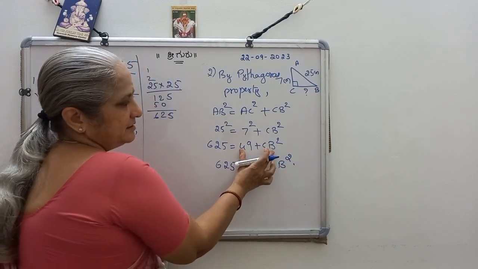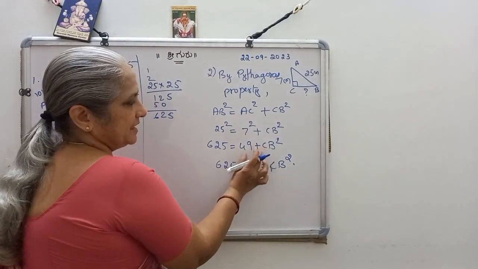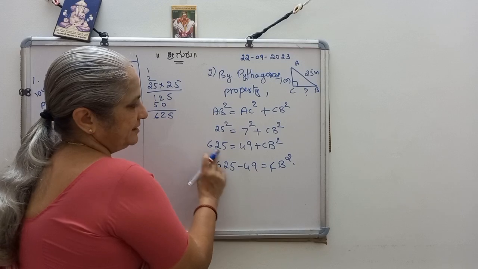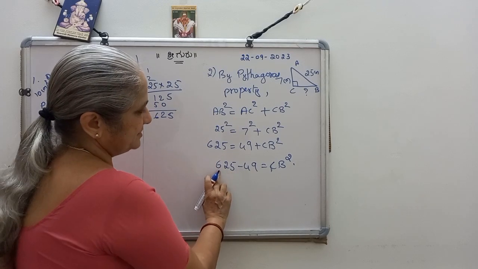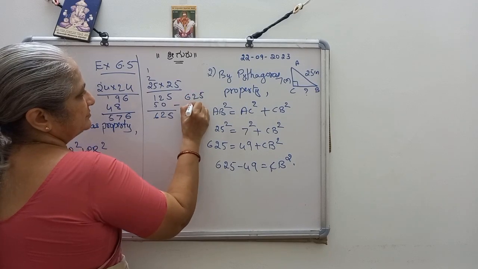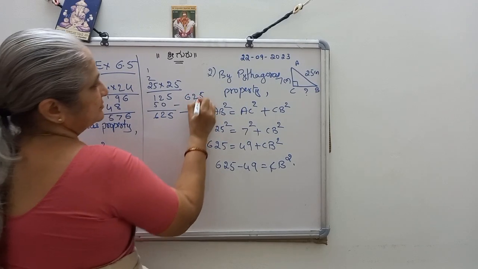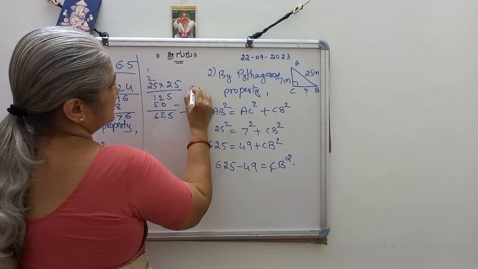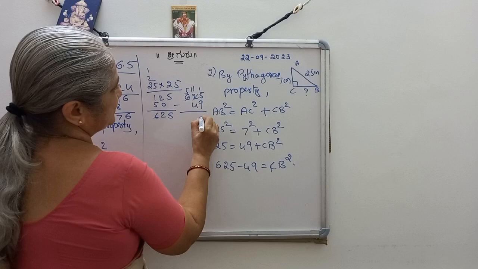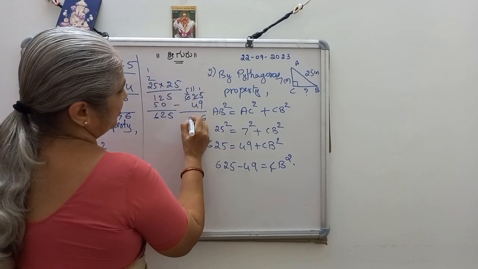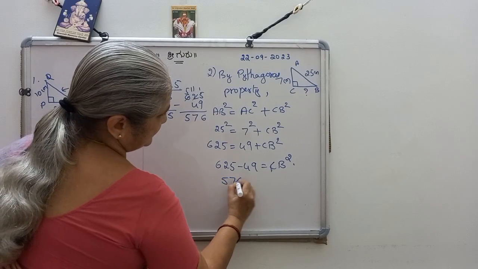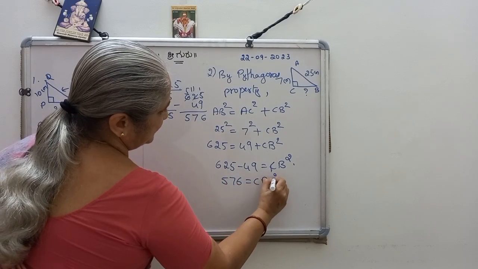Here 49 is with CB square and the sign of 49 is plus. When you transpose it to the other side, it will become minus. And what is 625 minus 49? 15 minus 9 is 6, 11 minus 4 is 7, and 5. 576 is equal to CB square.